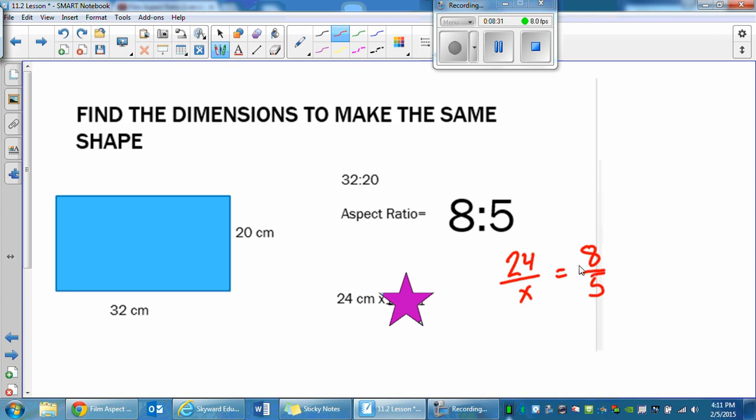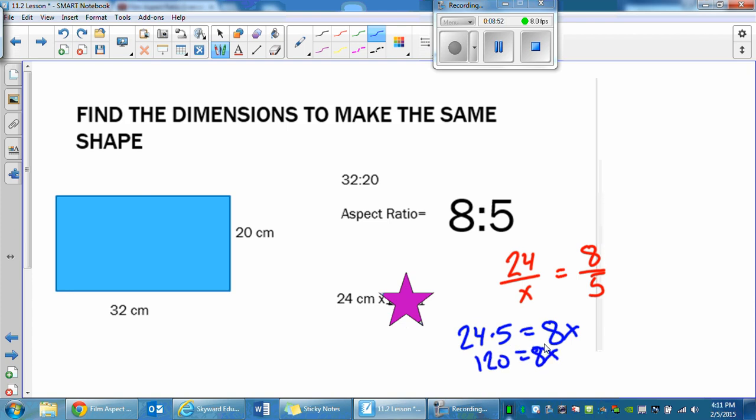I can use my aspect ratio and also just think of this as a proportion. So then you would cross multiply, you get 24 times 5 equals 8 times x. So 24 times 5 is 120, which equals 8x.